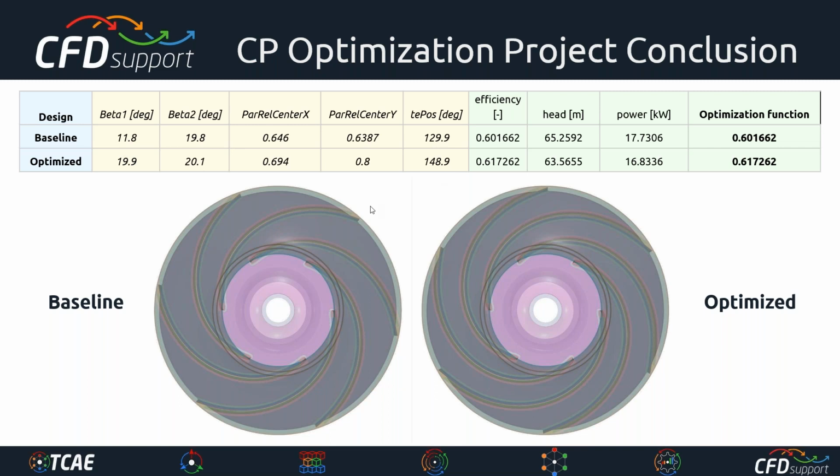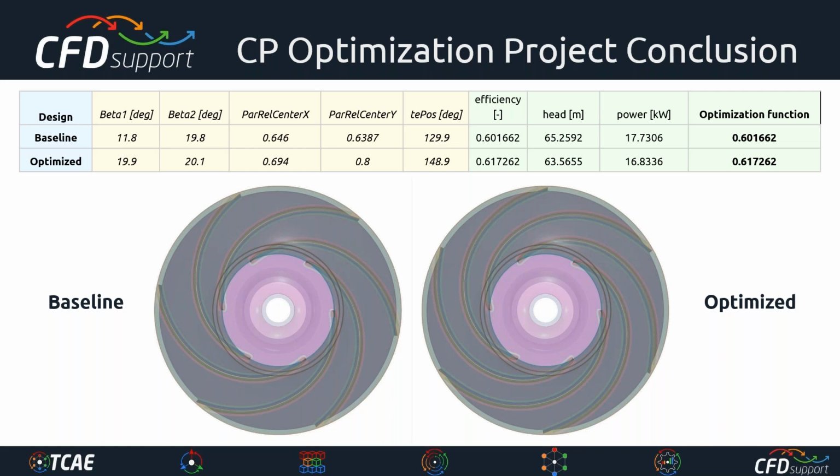As Radek mentioned, it was just the impeller and 5 parameters of this impeller, and the impeller was optimized for the efficiency. We wanted to make it very simple, so we just set the efficiency as the optimization function, and that's what we did.